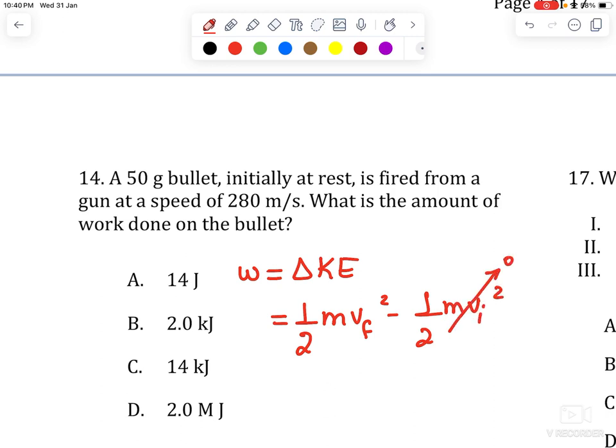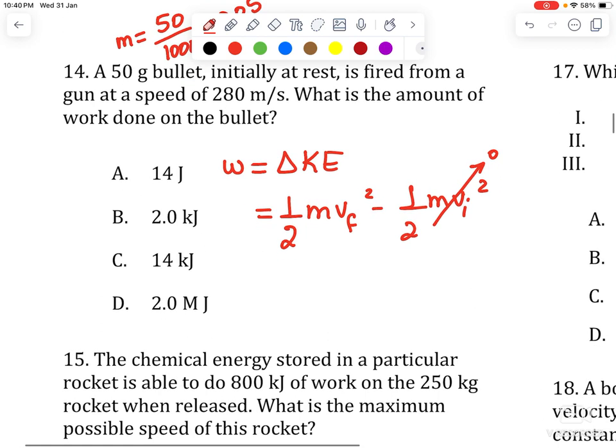But here it started from rest, and not to forget that the mass should be divided by 1000, so 0.05. Okay, by computing everything by its value, I will have 2000 joules, which is 2 kilojoules.